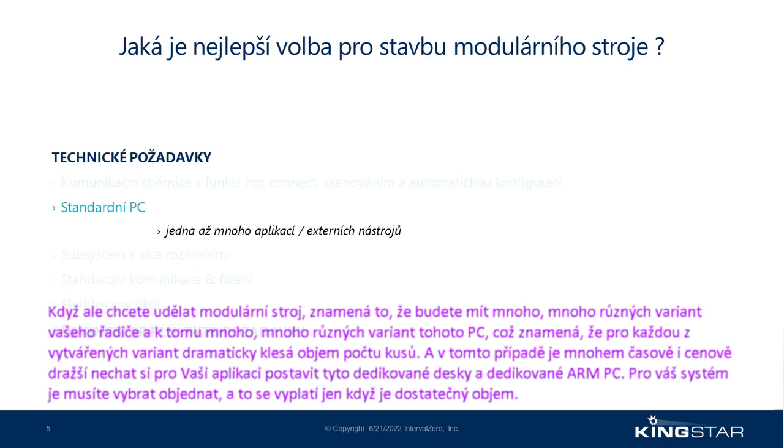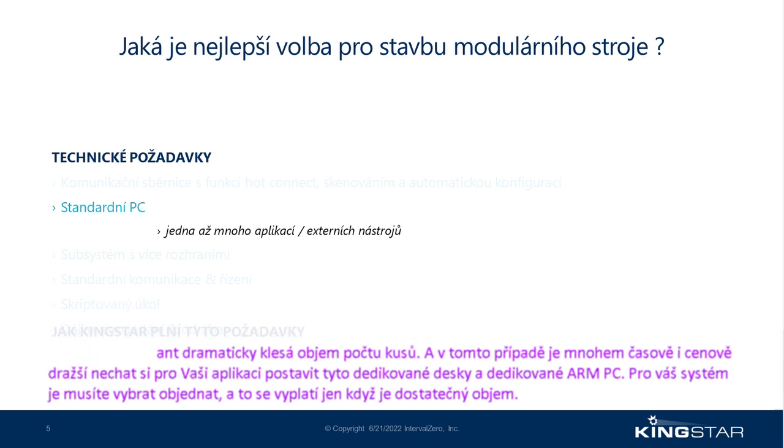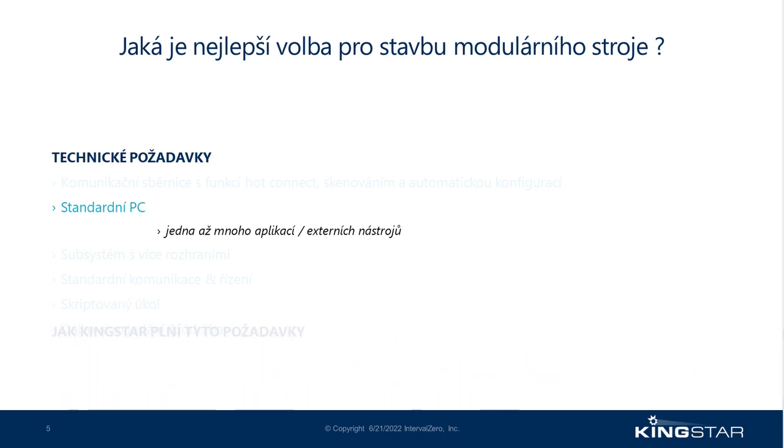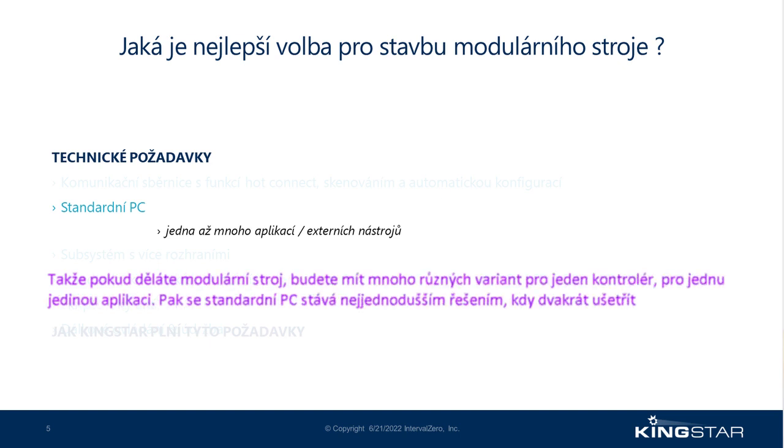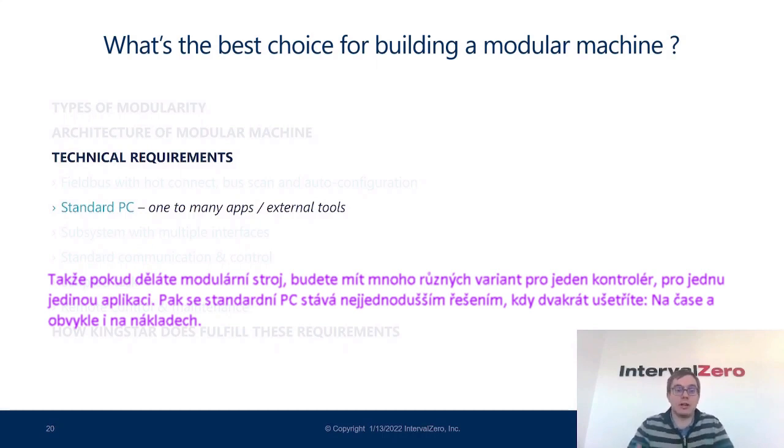And in this case, it is much more expensive in time and in price to build and have these dedicated boards and dedicated ARM PCs built for your application, for your system. You have to select them and order them, and it's only worth it when there's enough volume. So when you do modular, you will have many different variations for one single application. So a standard PC becomes the simplest solution, what you save in time and usually in cost too.